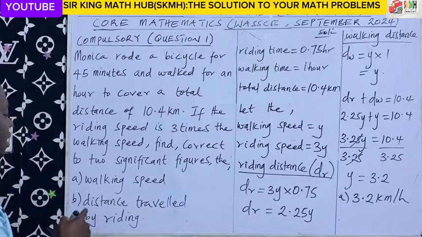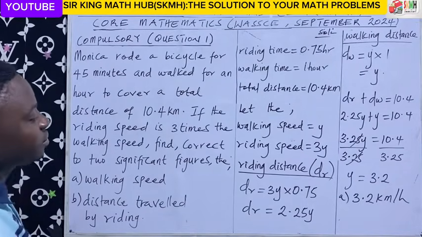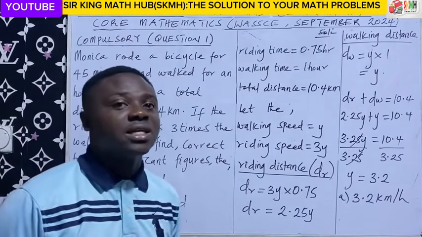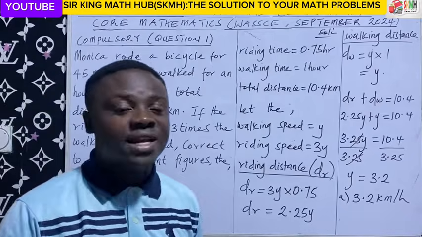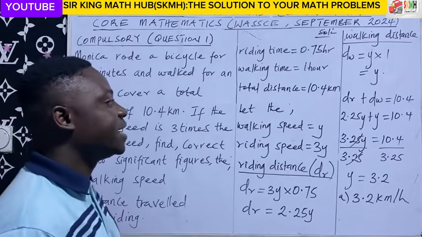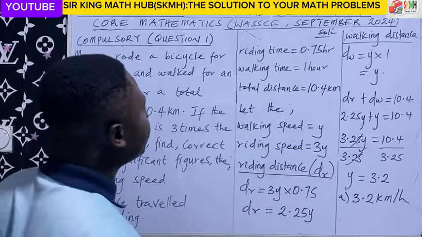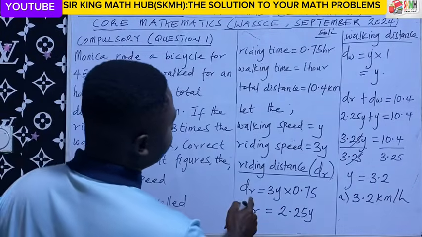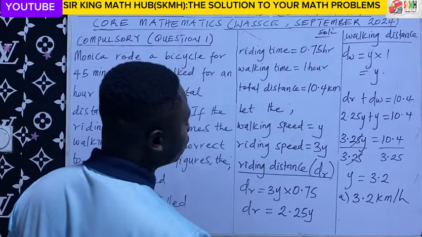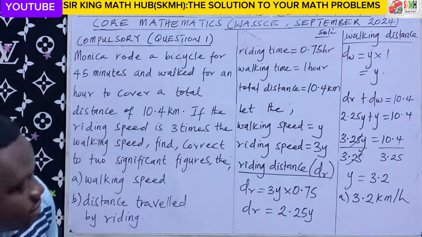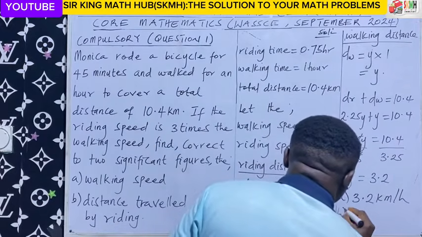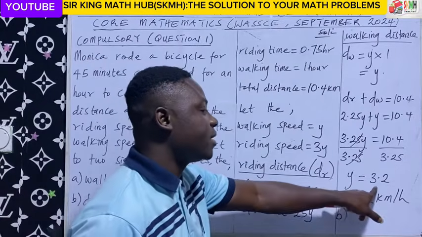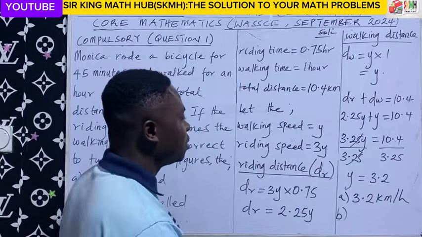And then B, we have to calculate the distance traveled by riding, which is the same as the riding distance. From the information, we said her riding distance was 2.25y. But what is the value of y? We have y to be 3.2.